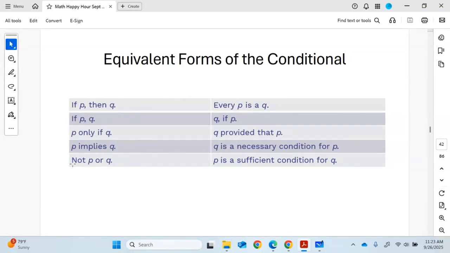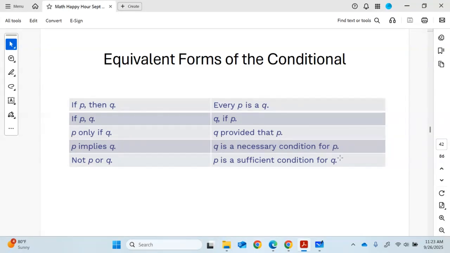Not P or Q. This is kind of a strange one, but it is equivalent to if P then Q. Every P is a Q. Q if P. Q provided that P. Notice that this one switches the order, where Q appears at the beginning, and the antecedent is at the end.